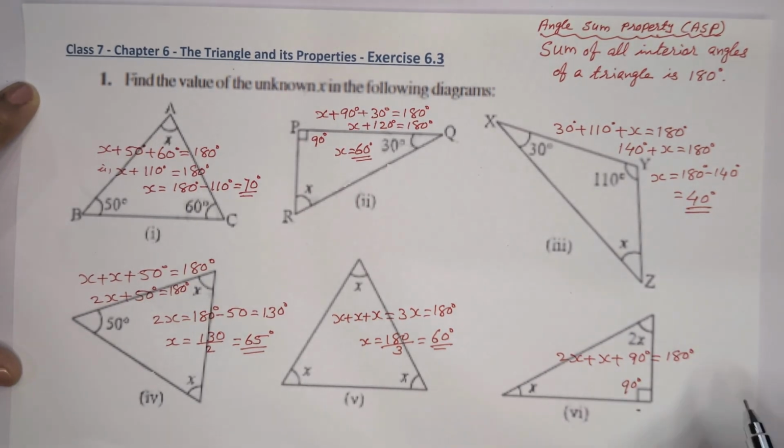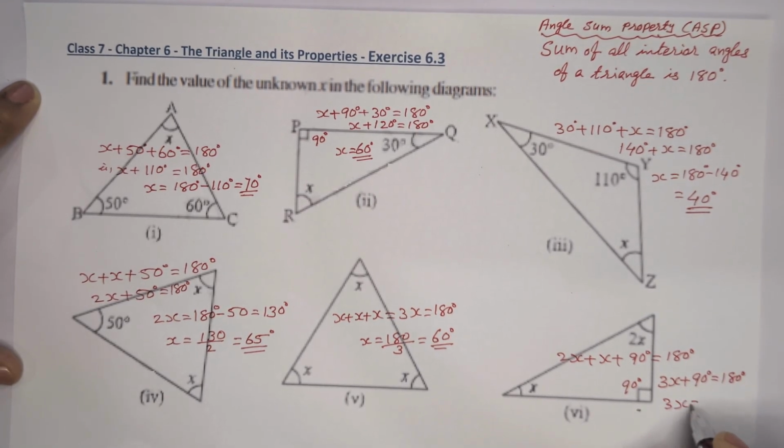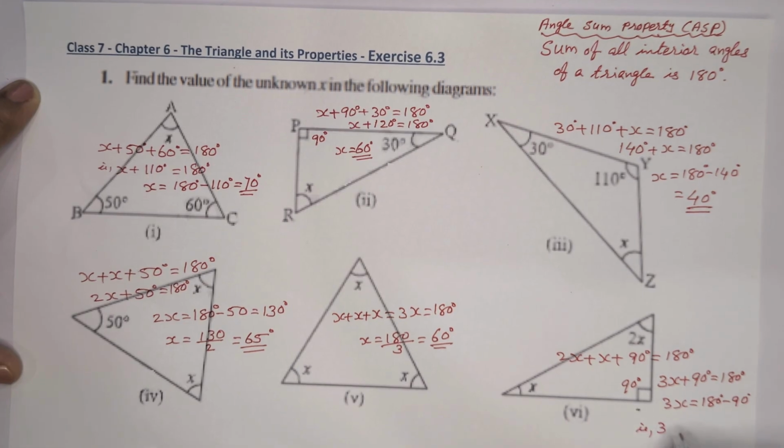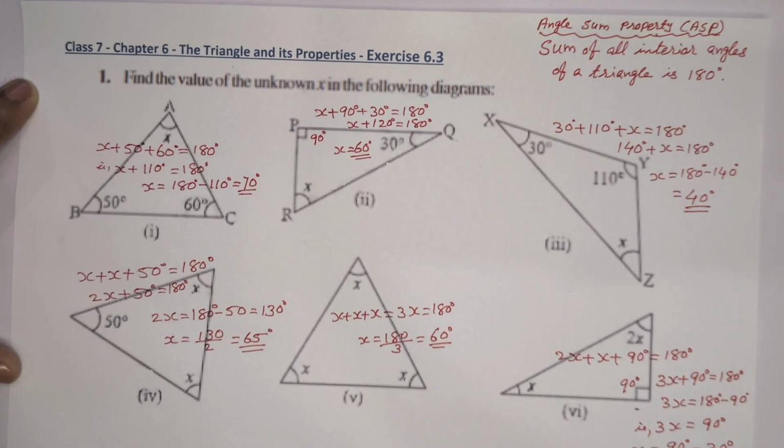From that, 3x plus 90 is equal to 180, and 3x is equal to 180 minus 90, that is 3x is equal to 90. From that, x is equal to 90 divided by 3, which is 30 degrees. So the angles are 30 degrees.